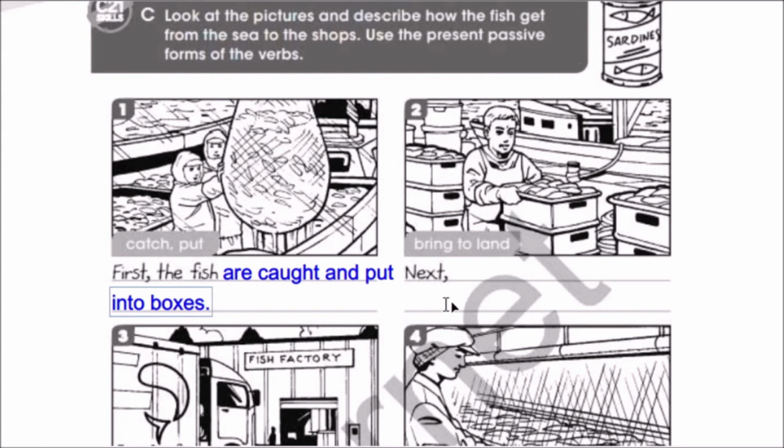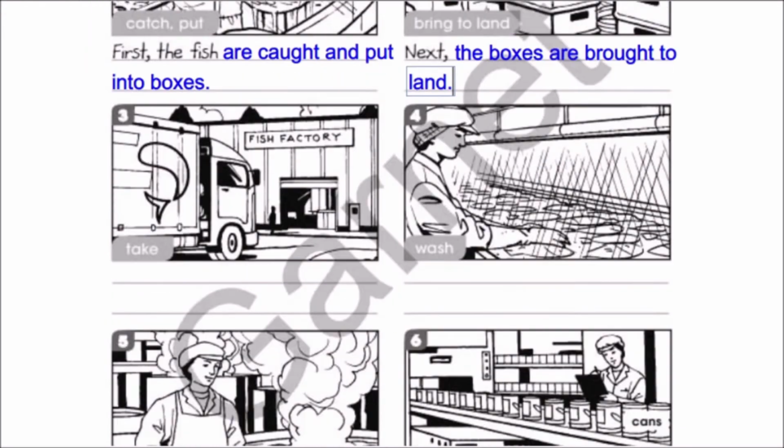Number 2, we have next. The boxes are brought to land. Very good. Now let's go to number 3.